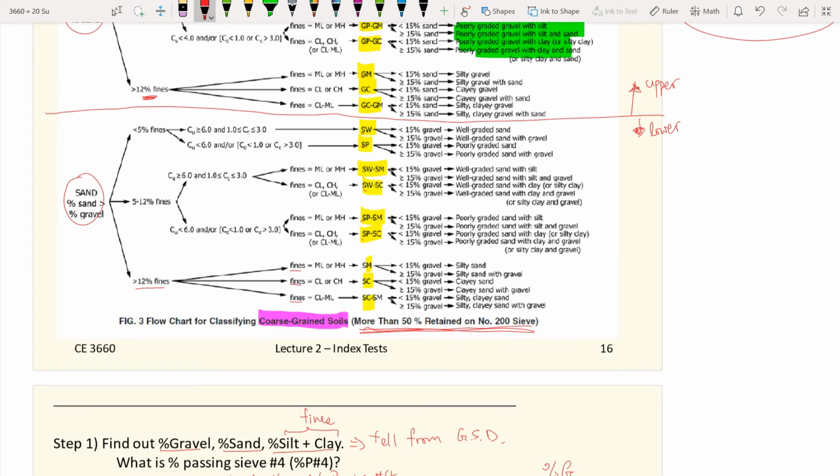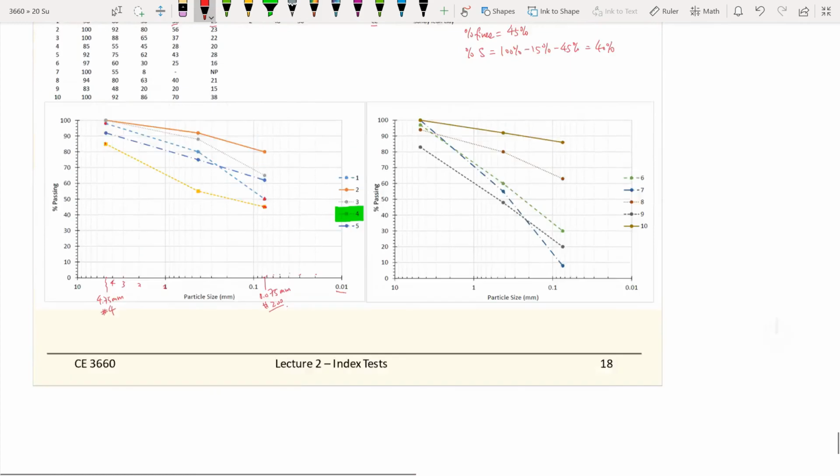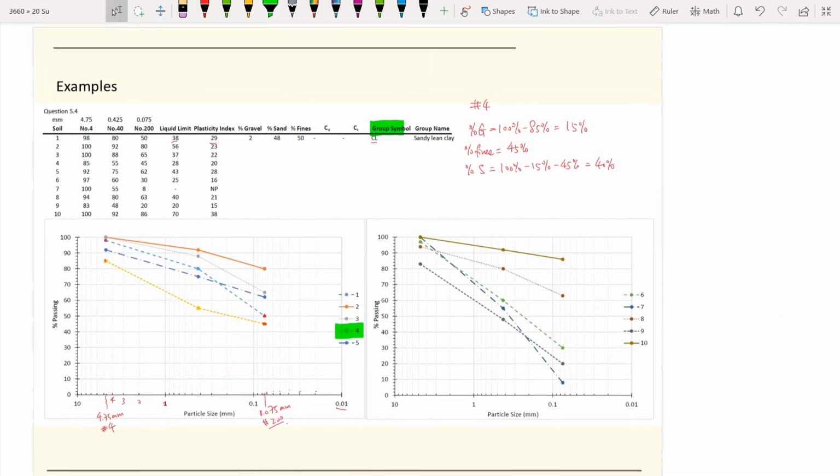What the lab does is a sieve test. They sift out the material passing number 200, and on those soil particles they perform an Atterberg limit test, and the Atterberg limit test results come back here. For sample number 4, we have a liquid limit of 28 and a plasticity index of 20.